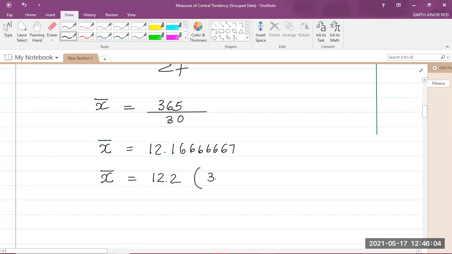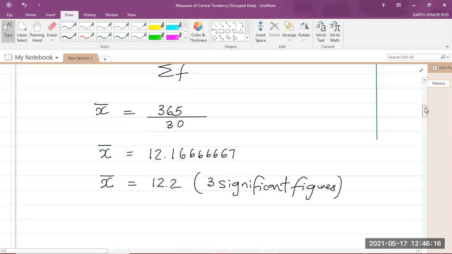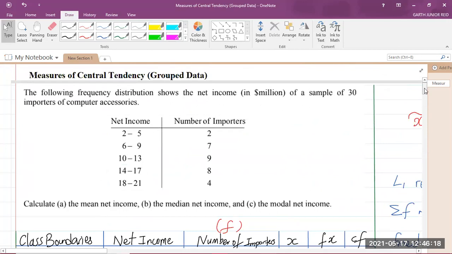So we have now calculated A, which is the mean net income.